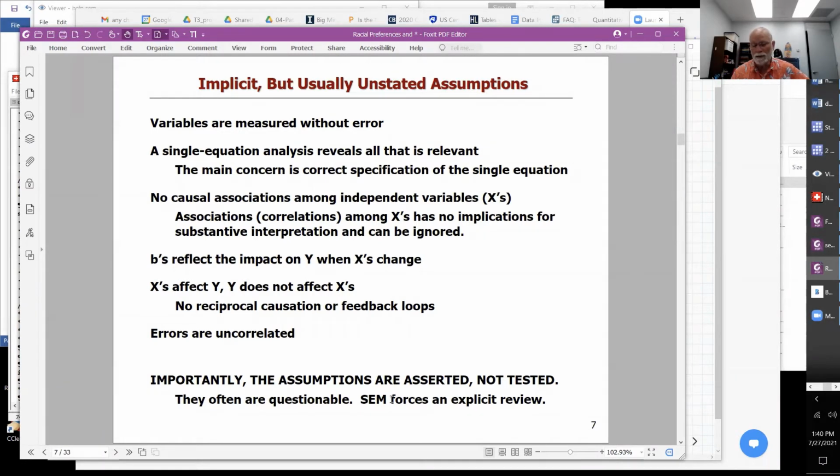And if we don't know quite what to do, we can also do exploratory analysis to explore the implications of these assumptions, kind of robustness checks, if you will.